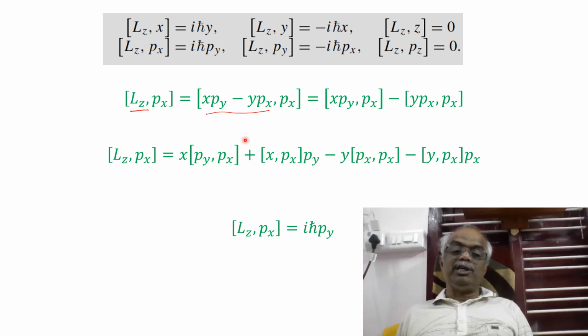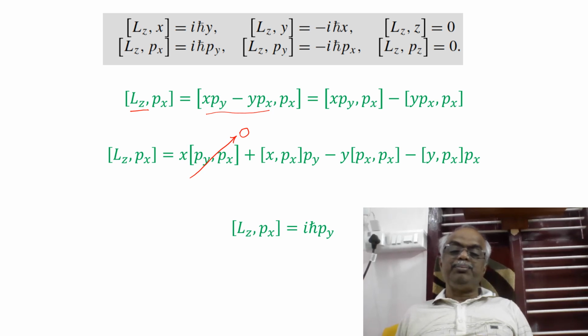Now we will solve one by one. See, it's very easy to solve this. The y component of momentum is independent of the x component of momentum, so you can measure both simultaneously. Hence, it will be zero. And the same is here.